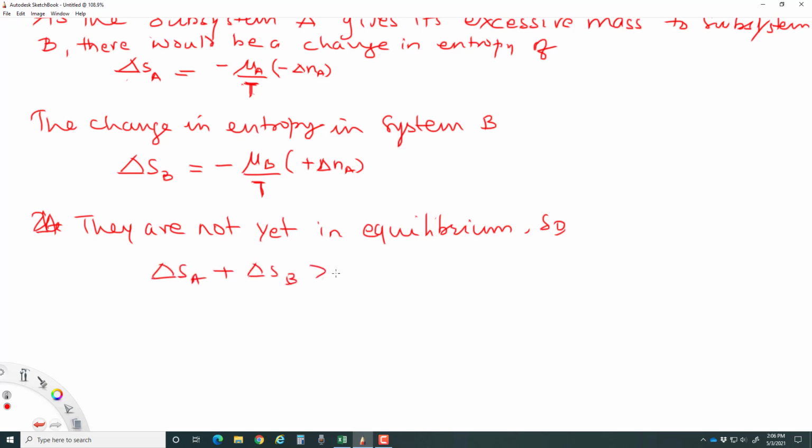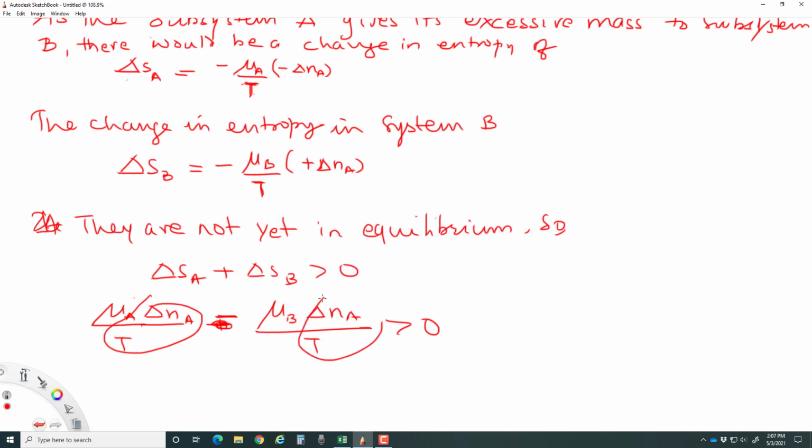So delta SA is mu A delta NA over T, plus mu B delta NB over T, that's negative, is greater than 0. This thing is common to both the terms.